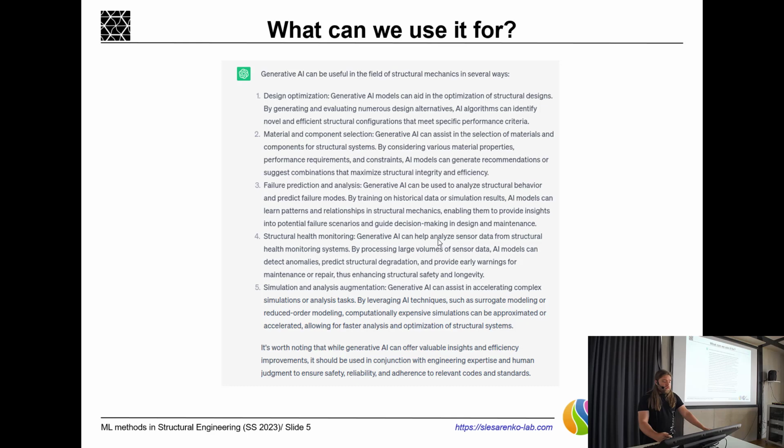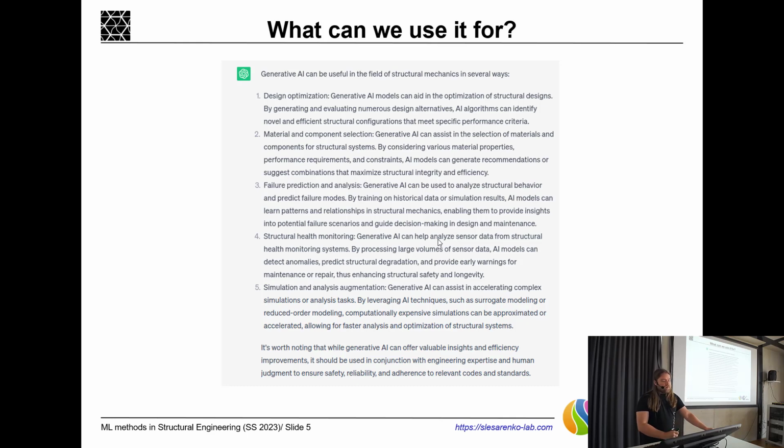So what else can we use it for in structural mechanics? I did Slava's favorite thing and asked ChatGPT. And you can see that some of these answers are actually better and some of these are not as good. So it says design optimization.